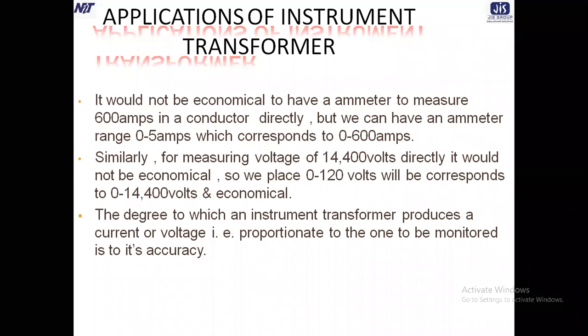Now, the application of instrument transformer. It would not be economical to have an ammeter to measure 600 amperes in a conductor directly, but we can have an ammeter of range 0 to 5 amperes, which corresponds to 0 to 600 amperes.